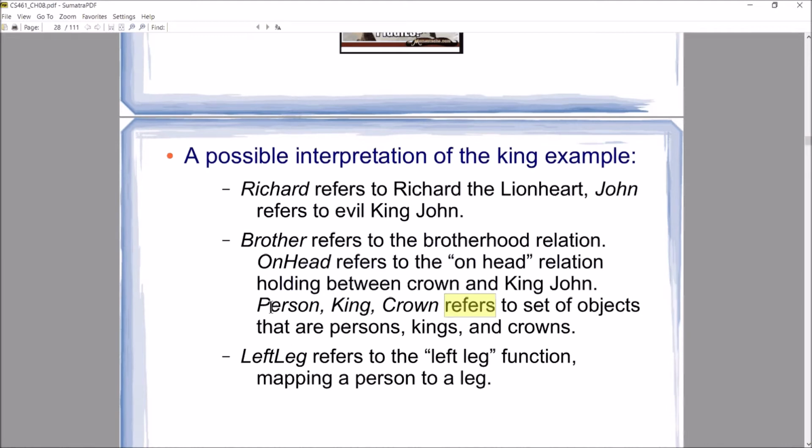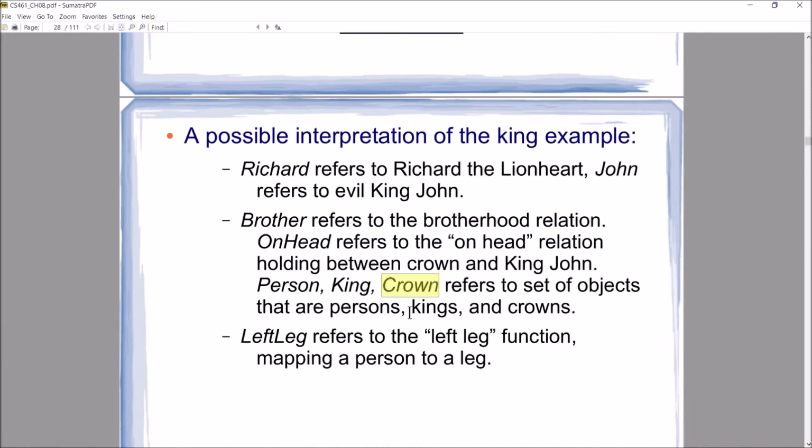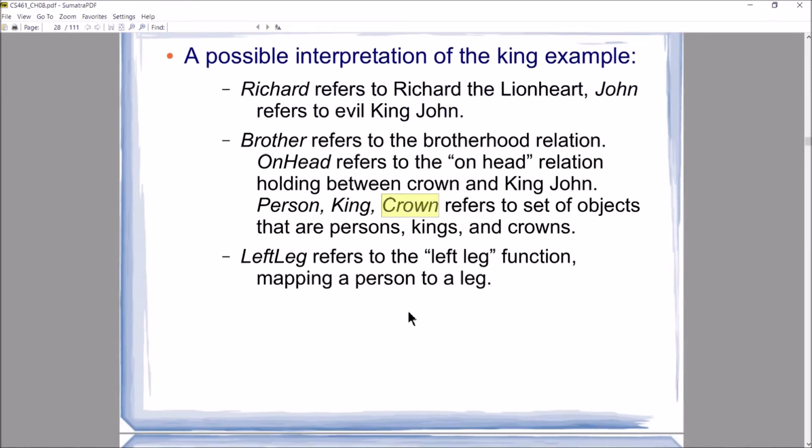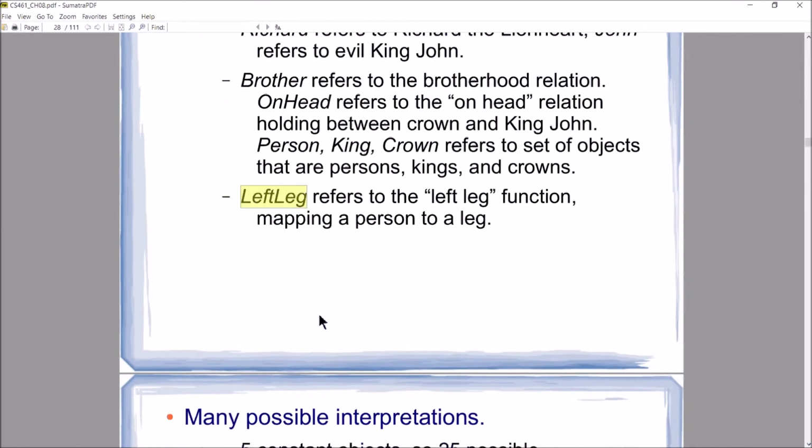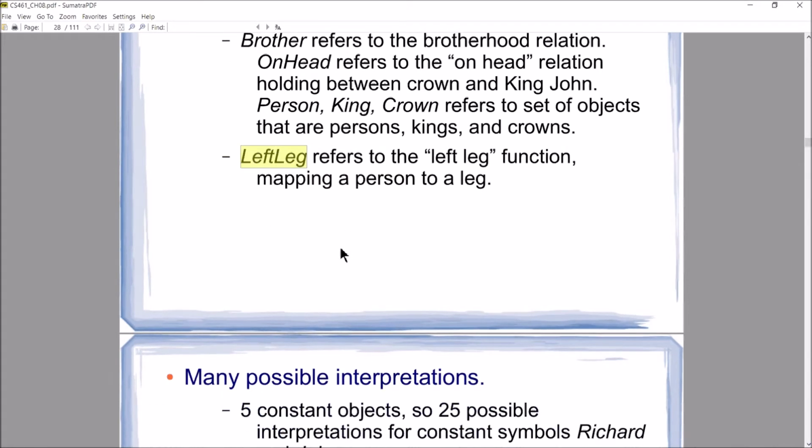But we can have this more generic term, person, refers to just what people, right? Or king to kings, or crown to crowns, right? You wouldn't name a crown John the Crown, right? So some of the objects within a model, they don't have to have their own specific name. Now left leg, we could say in this interpretation that refers to the left leg function, providing that mapping. One input, one output, one person to one leg.